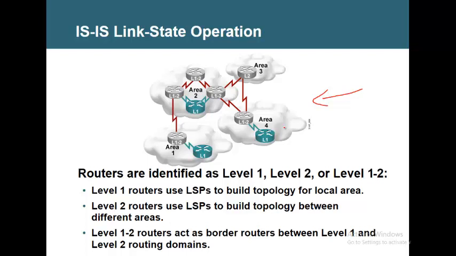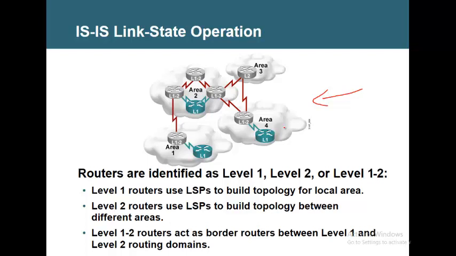Area 0 is reserved to be a backbone, a transit, in OSPF. You don't have such a reservation in ISIS. In fact, there is no connection between area ID and backbone. I repeat, in OSPF there is a connection between area ID and backbone. Area 0 means it is backbone.